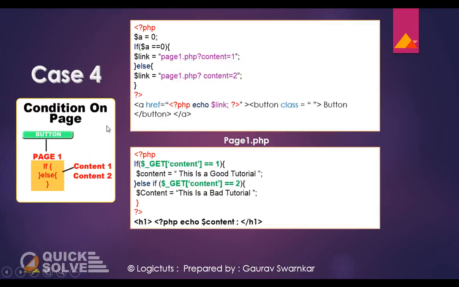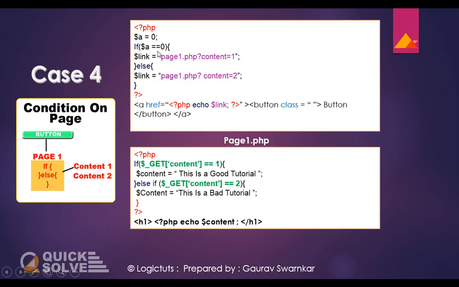And the last, but not the least, is the condition on pages. As in the last case, we decide what page to open with the anchor tag, and then with the GET method we decide what type of content we need. With the help of the GET method, we send a variable there, and then we check on the page what content to show.